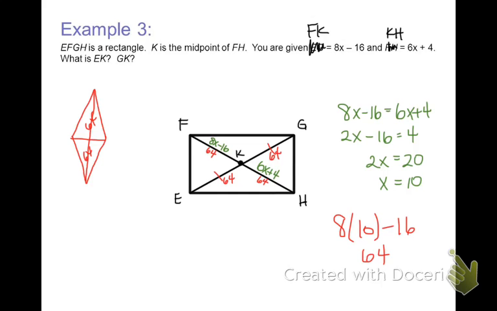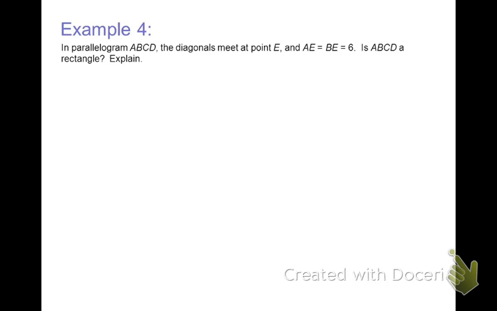Okay, let's look at the next one. In a parallelogram, the diagonals meet at a point E. And then I give you information, and I'm asking, is it a rectangle? So let's draw a parallelogram in general. I'm not going to assume that this parallelogram is a rectangle until I know.